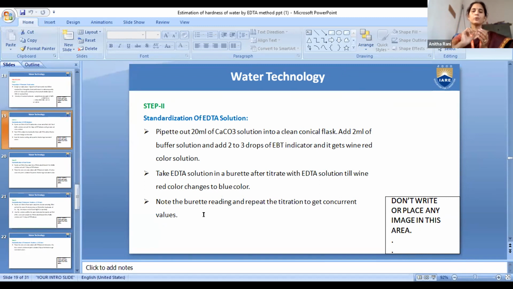If 20 ml of EDTA is consumed, you can write 20 ml. Understood? Like that, you have to do it 3 times.